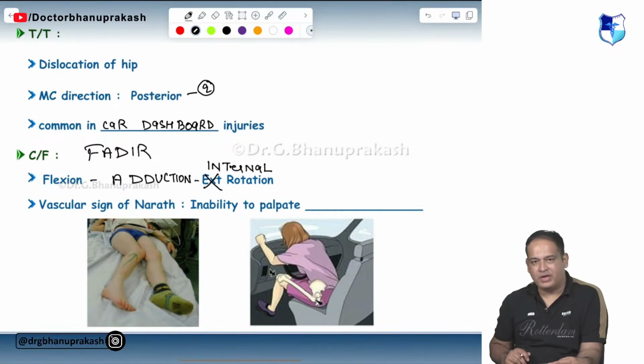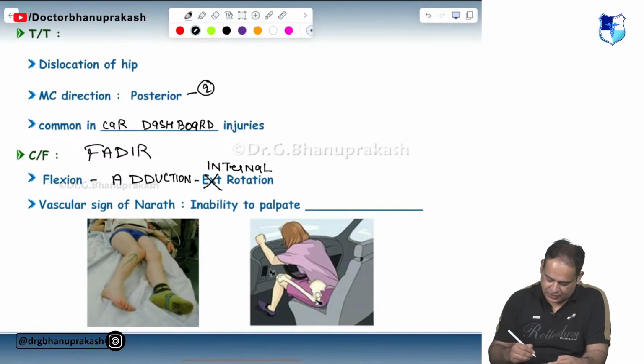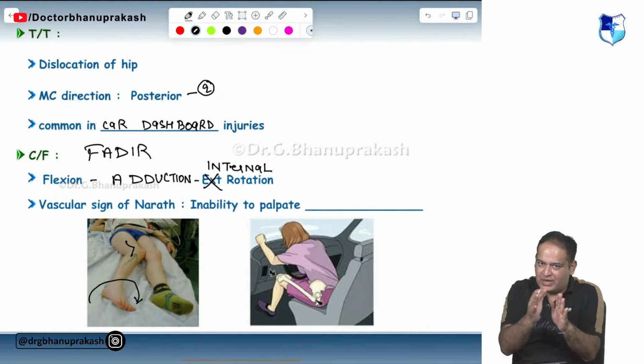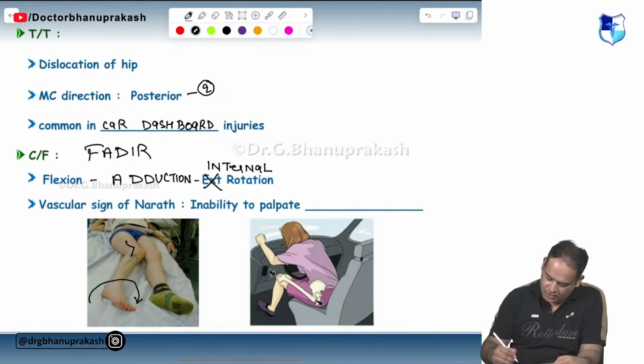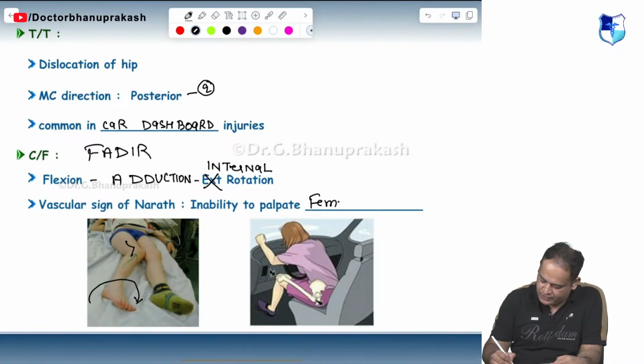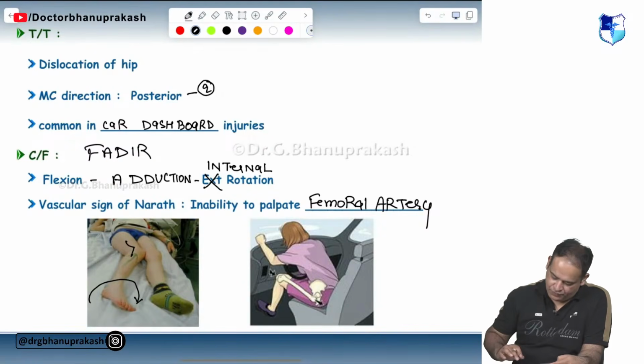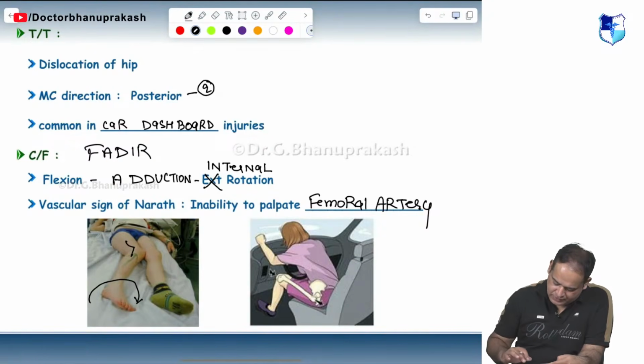You see, flexion, internal rotation, and both of the legs are together. Vascular sign of Narath, inability to palpate the femoral artery. Vascular sign of Narath. Right?